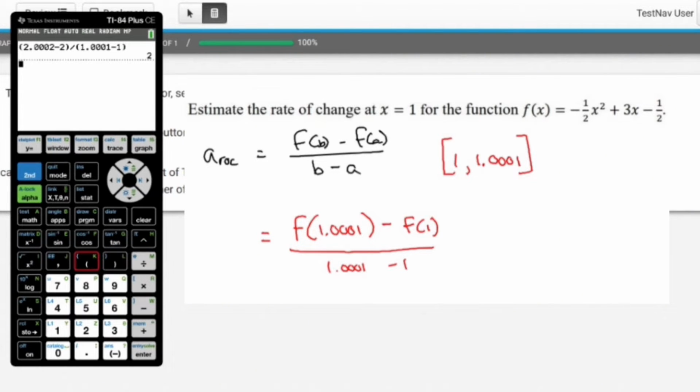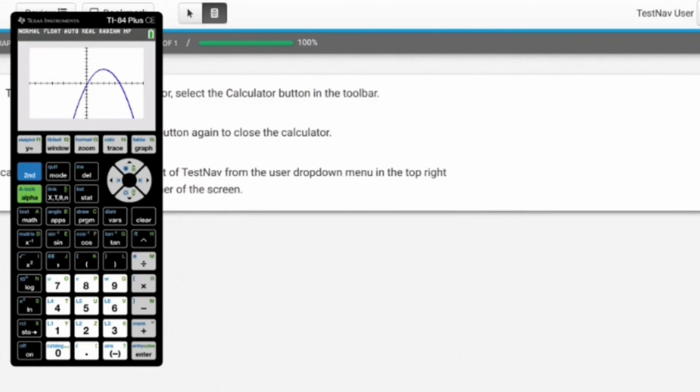So again, if we were to look at this graph, we can kind of see that at 1, if I were to draw a line there, it might have a slope of 2. Maybe. I don't know. Use your imagination. But that's what we're going to get to, dunzo.